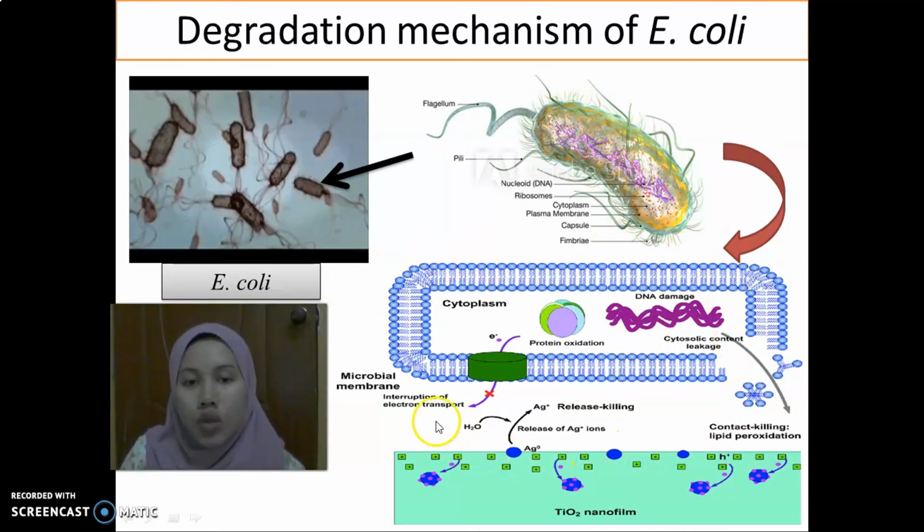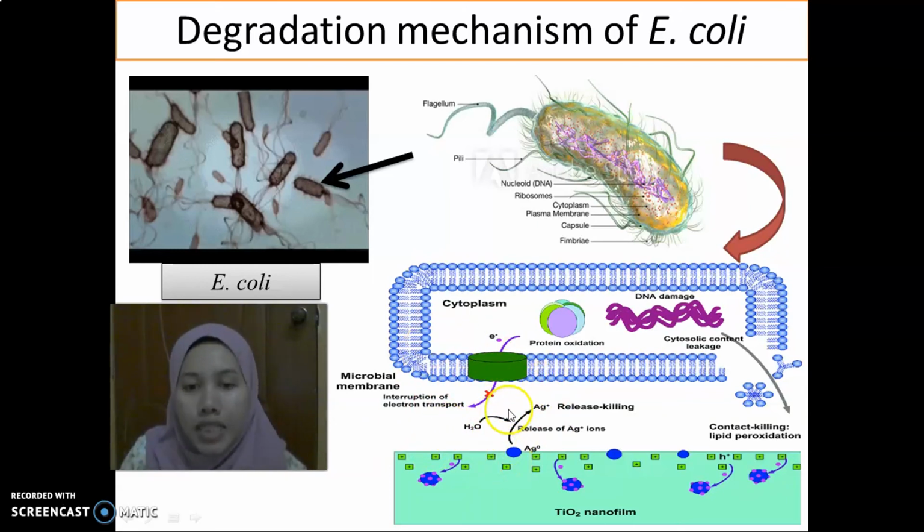This diagram shows the reason why silver dope TiO2 has been chosen as the best modified TiO2, as the silver ion inhibits the cell in three ways. First, oxidative stress caused by the reactive oxygen species, OH radical.